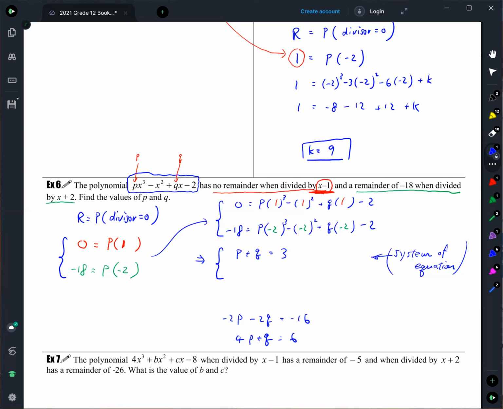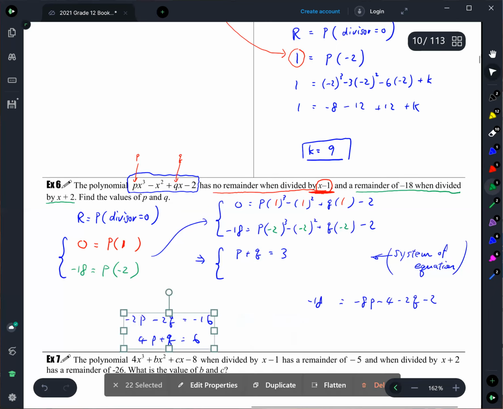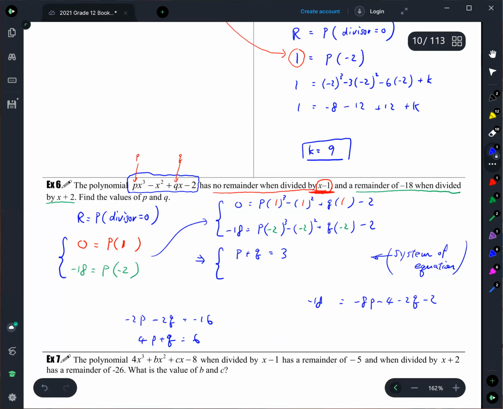Right. So let's go over the second equation. On the right side, negative 2 cubed should be negative 8. Negative 8p minus negative 2 squared is 4, minus 2q minus 2 equals negative 18. Okay, I'm going to move that over, and then we collect the like terms.